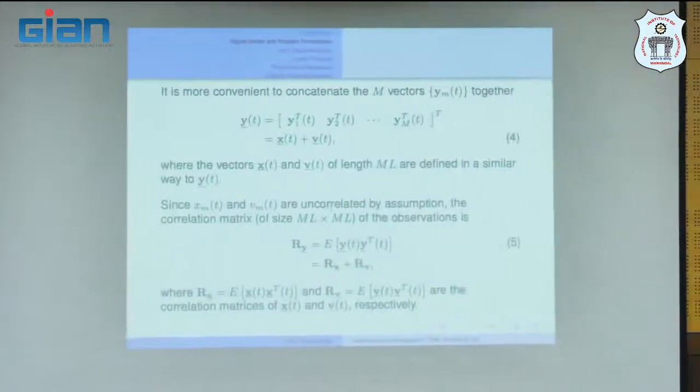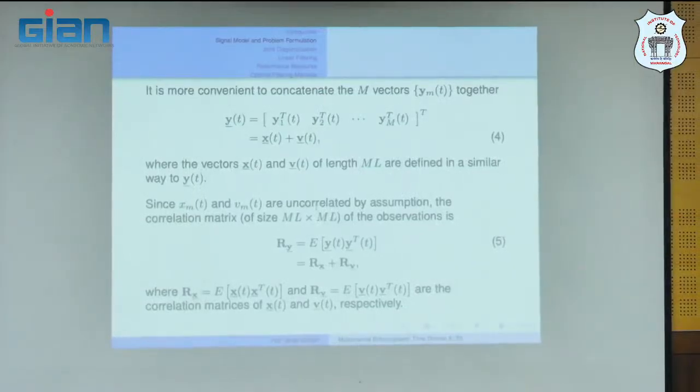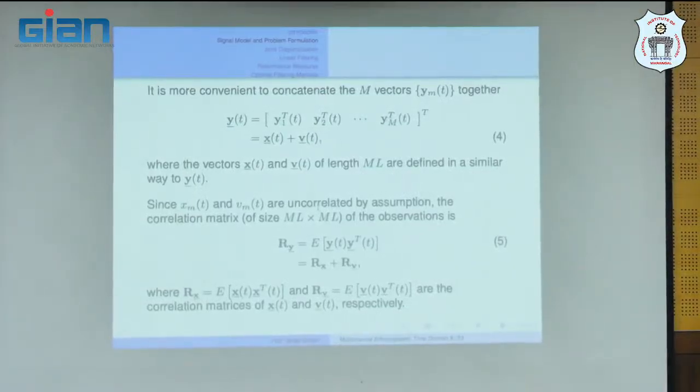But suppose here life is much easier. In this course, we assume that we know this more information reliably, accurately. So here we use the correlation matrix of the vector Y, which is a large matrix of ML by ML. And we assume that we know each one individually, the correlation matrix of the desired signal and the correlation of the noise.